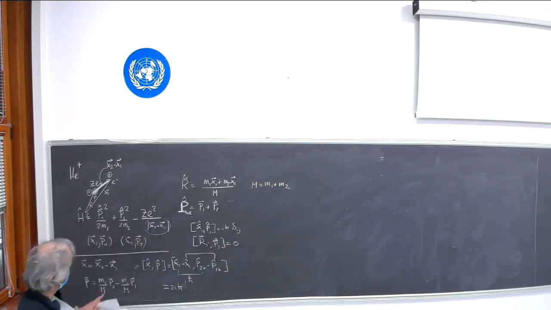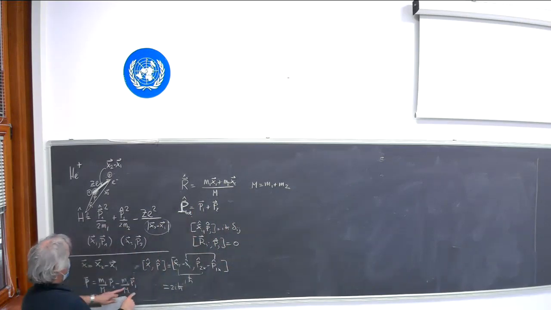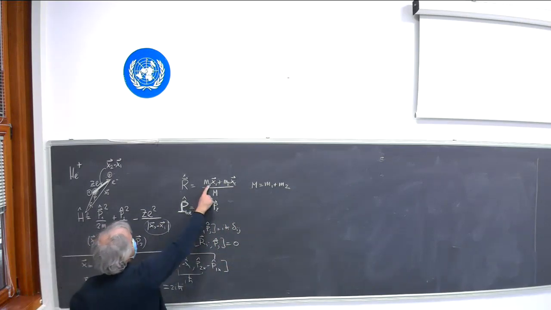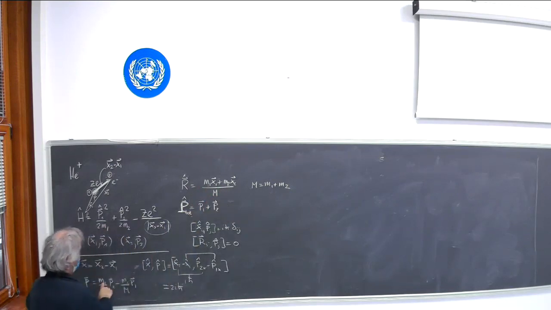If you do this, you will realize that, for instance, here the commutator of this with that gets minus M1 times M2 over M squared, and the commutator of this with that gets plus M1 times M2 over M squared.